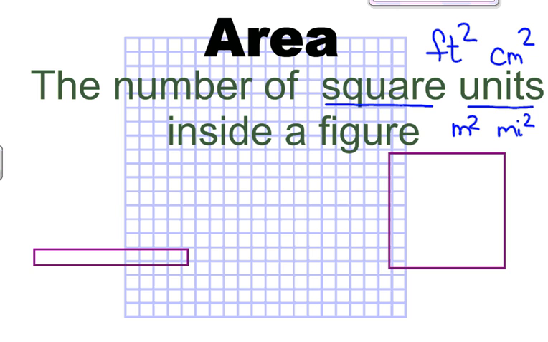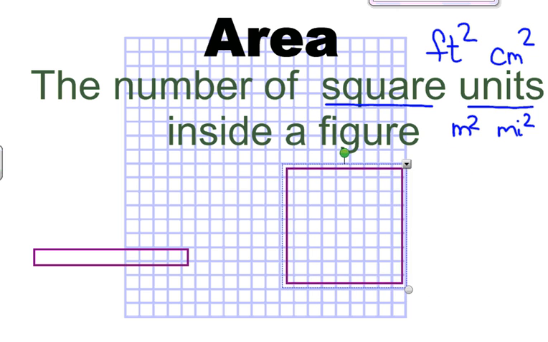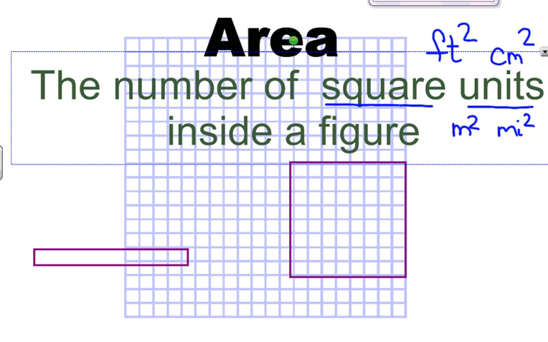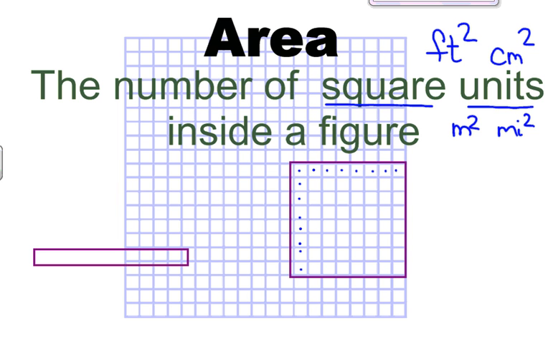Because really what we're talking about is if I take this shape and put it onto a grid, the area is how many of these squares are inside of it. So I can measure area by counting how many squares there are inside of it.